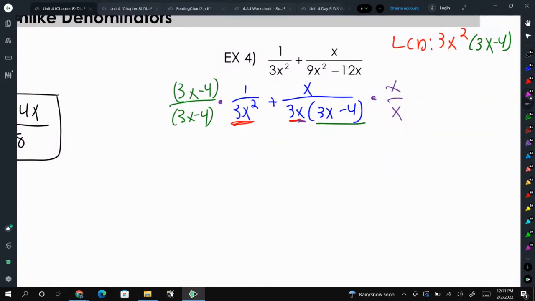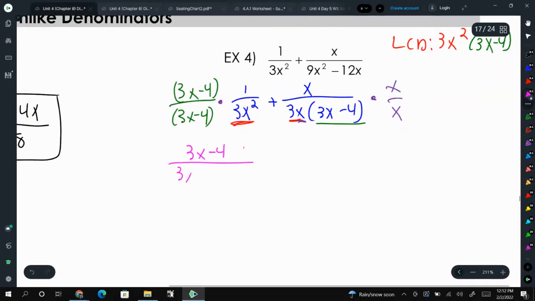So I'm going to distribute in the numerators, but I'm going to leave the denominators in factored form. So I'm going to have 3x minus 4 over 3x squared times 3x minus 4. And then my second fraction is going to be x squared over 3x squared times 3x minus 4.